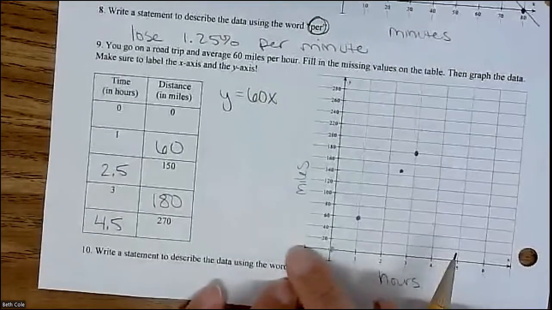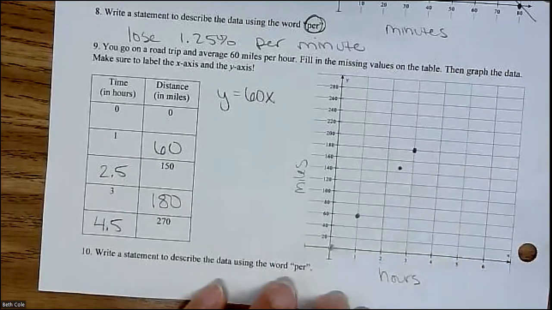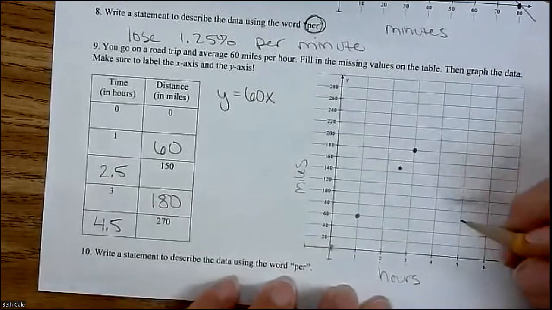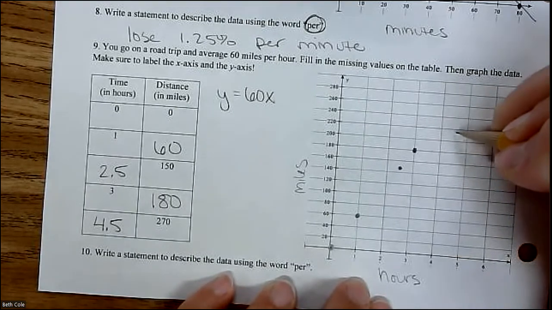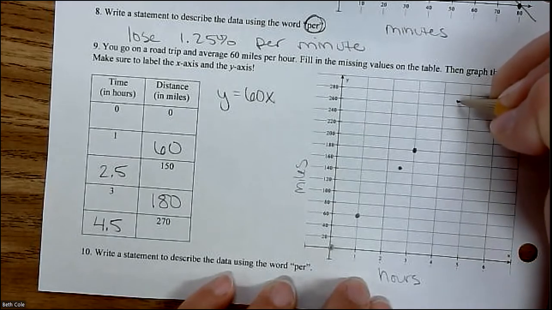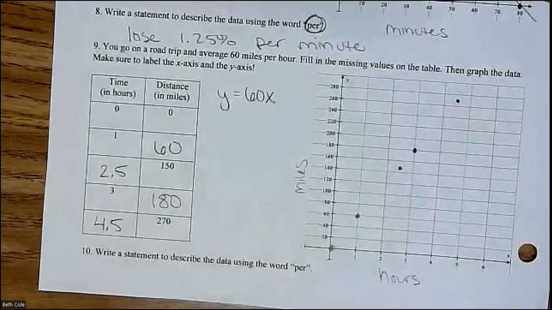You wouldn't have anything over here because there are no negative hours. This graph starts at 0. So the domain is numbers bigger than 0. Can you write it down for me too?